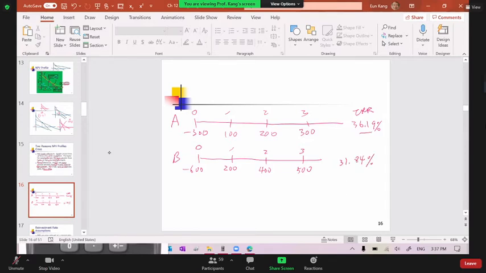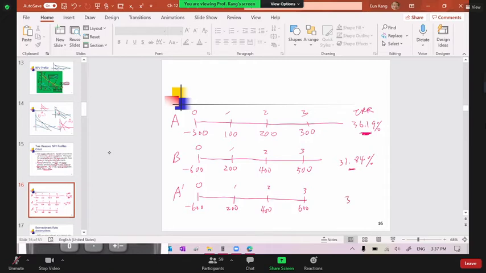So this is higher, more profitable than this one, but look at A prime, with minus 600, 200, 400, 600.